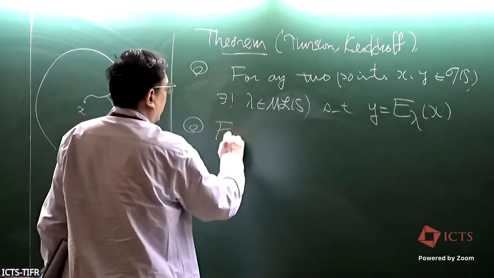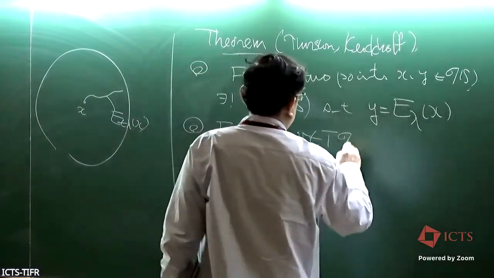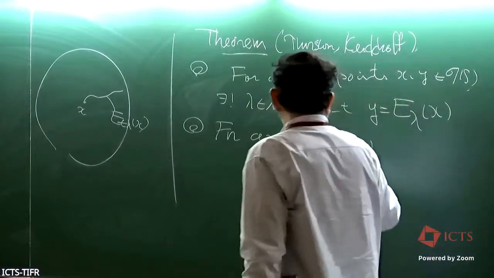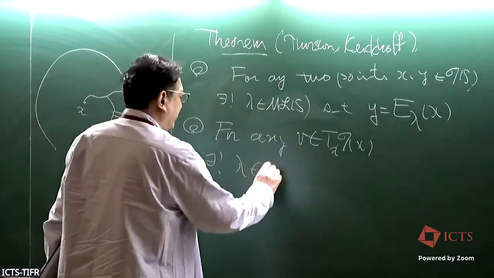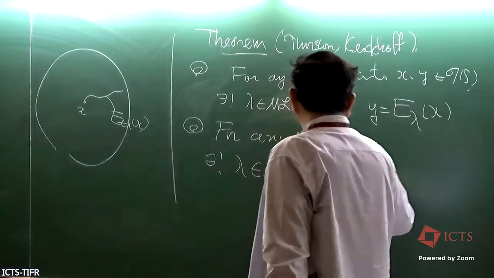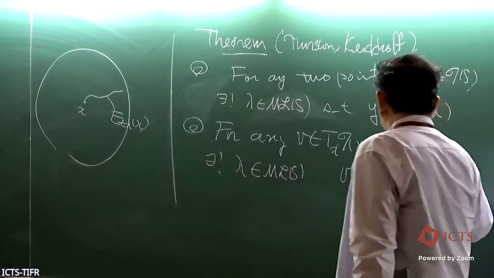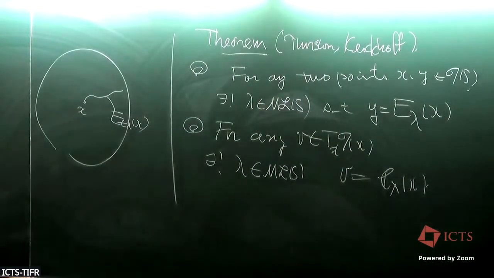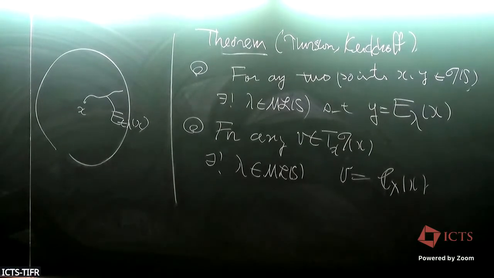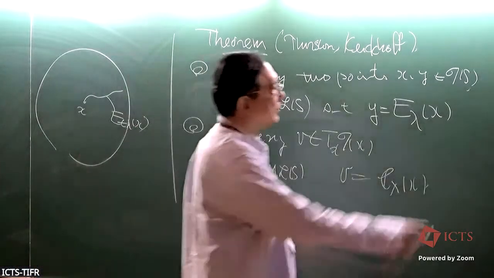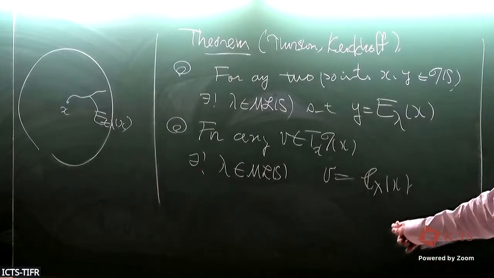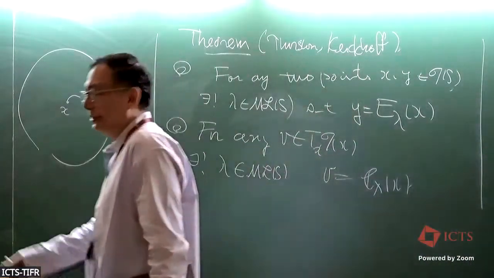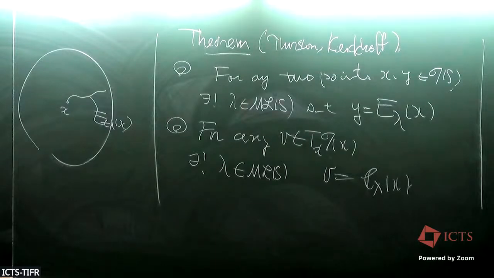So for any tangent vector V of the Teichmüller space, there exists a unique measured lamination λ such that V is equal to the earthquake vector along λ at X. Actually Thurston himself gives some kind of proof, but the formal proof is contained in Kerckhoff's paper on the analysis of the earthquake.